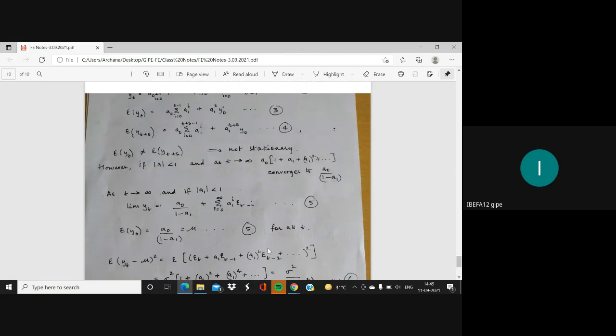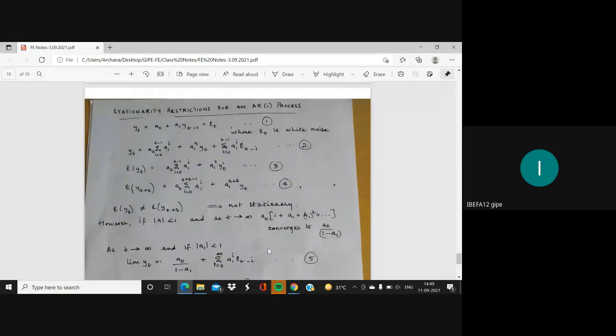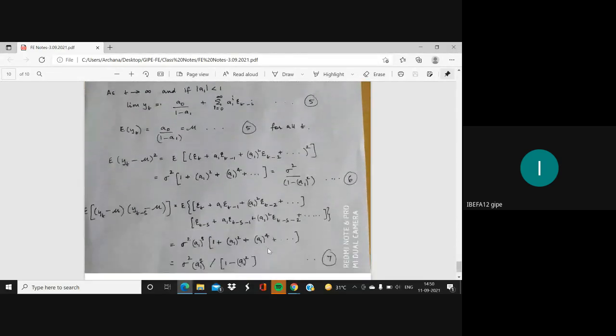So we can see that this AR(1) process, with the restriction that the absolute value of A1 is less than 1, is covariance stationary. So we say that it is a weakly stationary process because it satisfies these conditions. And in general, for all our empirical work, whenever we are doing practicals, or if anyone is talking about a time series being stationary, you can be sure that they're talking about weak stationarity, which satisfies all these conditions.